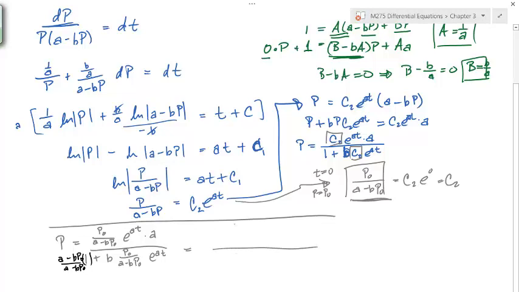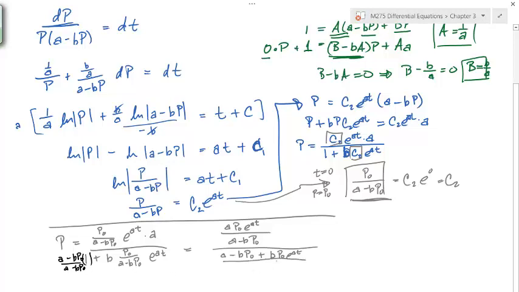Let's rewrite this as a p naught e to the at all over a minus b p naught. And this is looking hopeful because that's the same denominator in the denominator, which will enable us to cancel. So we have a minus b p naught plus, now this whole expression here has b p naught e to the at.